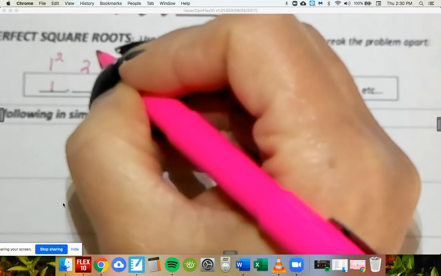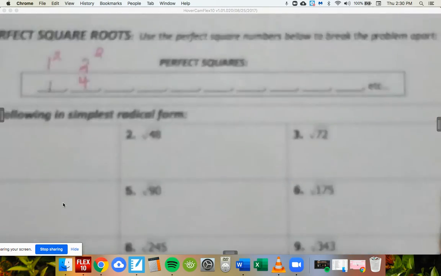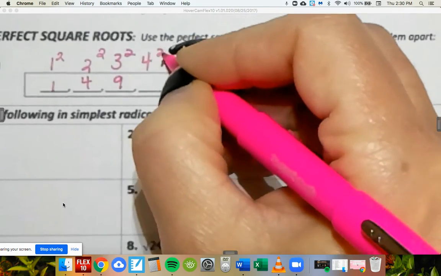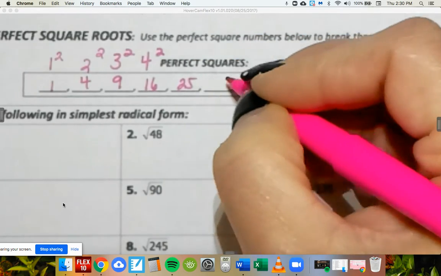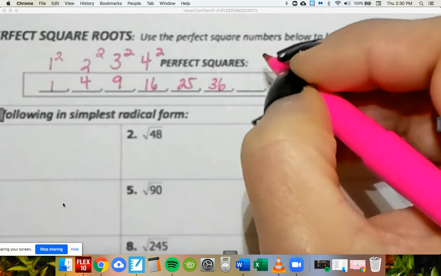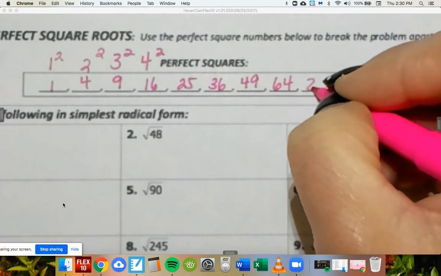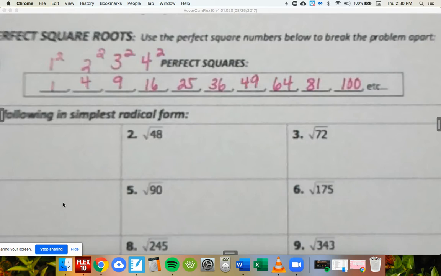What is 2 squared? 4. And 3 squared is 9. And 4 squared is 16. And 5 squared is 25. And 6 squared is 36. And 7 squared, 49. And then 64. And then 81. And then 100. And we could keep going and keep going and keep going.